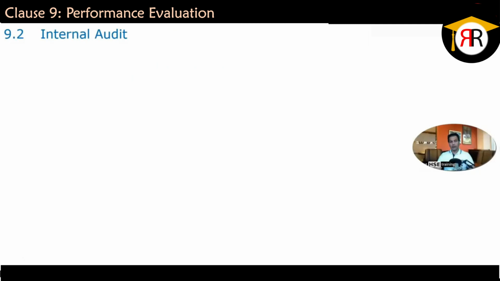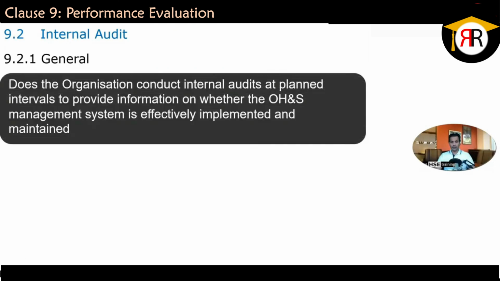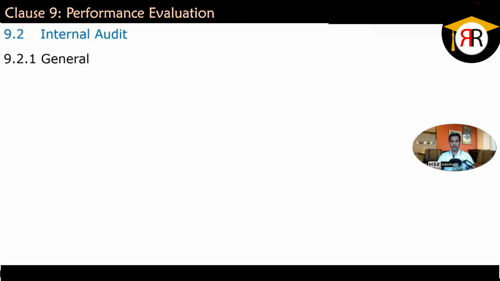In clause 9 we also have 9.2, which is internal audit, and in general, does the organisation conduct internal audits at planned intervals to provide information on whether the management system is effectively implemented and maintained?